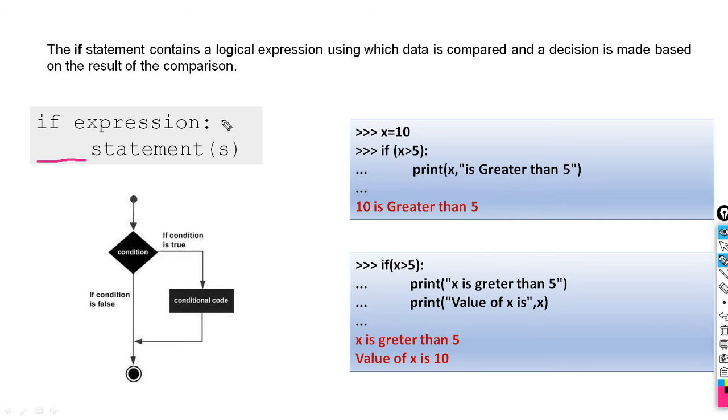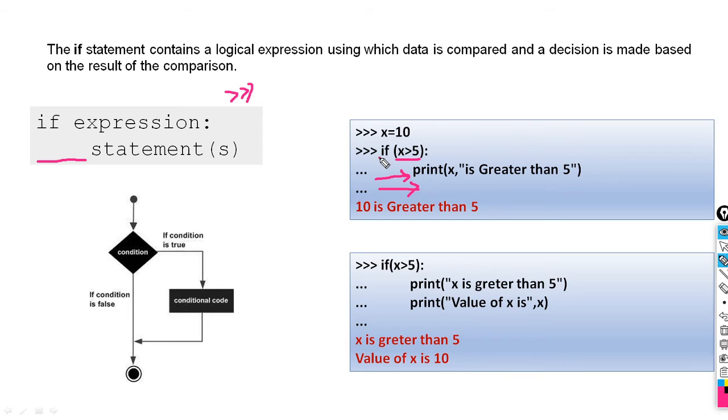Look here, this is our Python prompt, and we have to write a conditional expression. Here is one example: x has value 10, if x greater than 5. When this condition remains true, whatever statements we want to execute, you should take inside the if, like this.